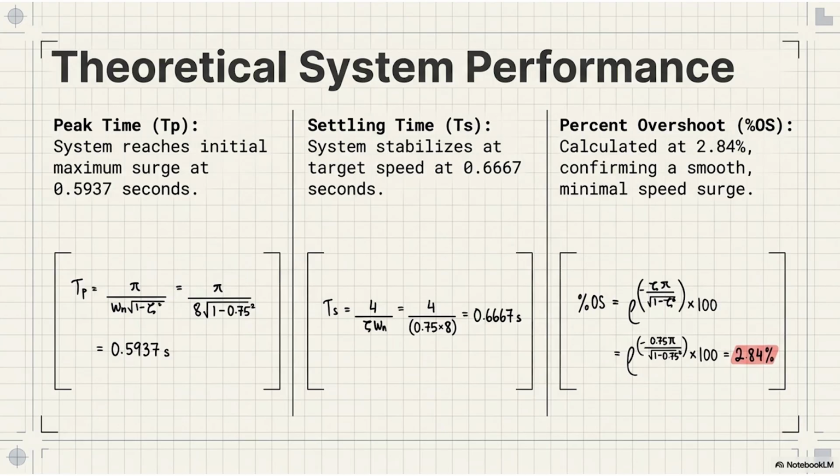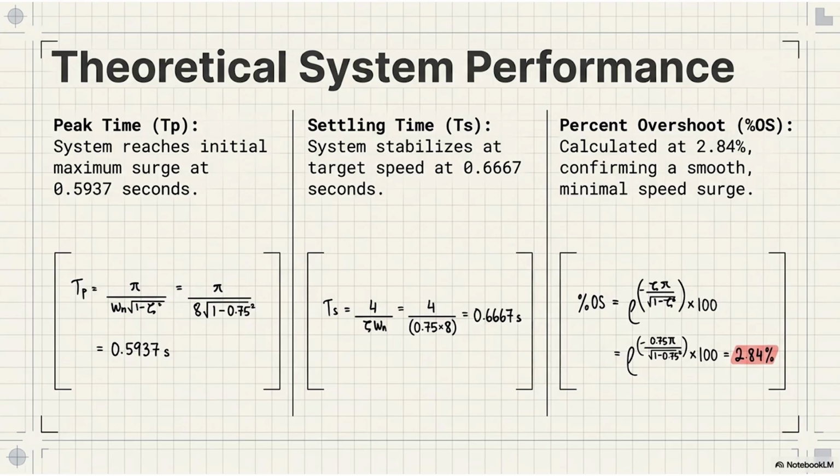For the settling time, the calculation shows that the system stabilizes at the target speed at 0.6667 seconds. Finally, the percent overshoot is calculated to be 2.84%. This is a very low percentage, confirming that the system provides a smooth, minimal speed surge.